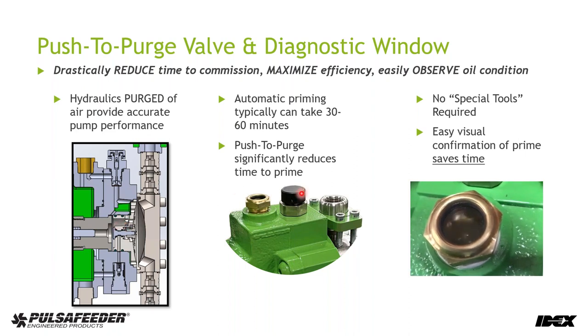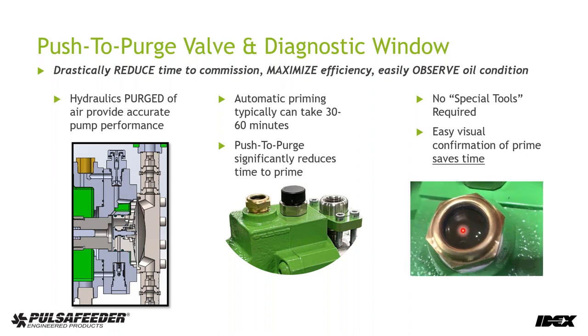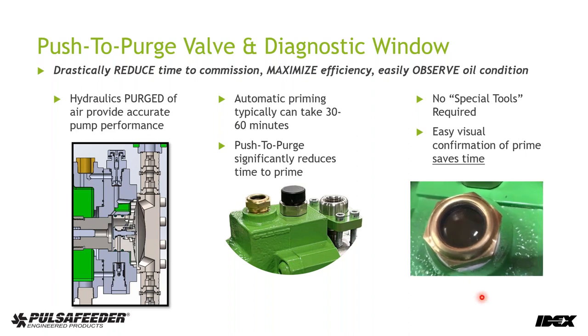So the push to purge, it's an innovative design that's only available on PulsaPro, and it allows for quick identification of whether or not the hydraulic fluid is operating as expected. So this also means that there's no special tools required.